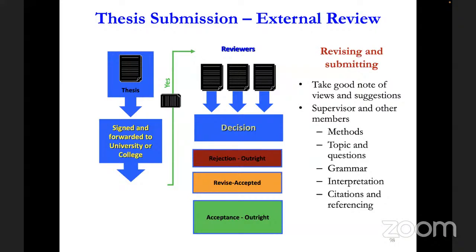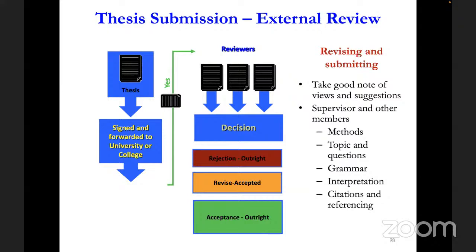When they review the thesis, majority of the time it will be acceptance, because probably you have been rightly guided by your supervisor. And if you have followed all these things which we have said earlier, it will be accepted. But if you have missed something, usually we observe that there are some issues in the components we have discussed in the method section or the result section, or sometimes the interpretation, and they are sent back for revision.